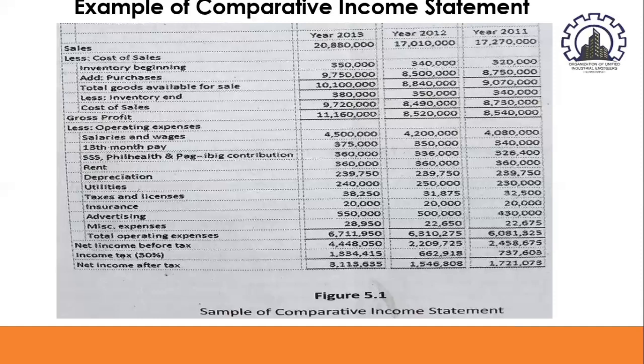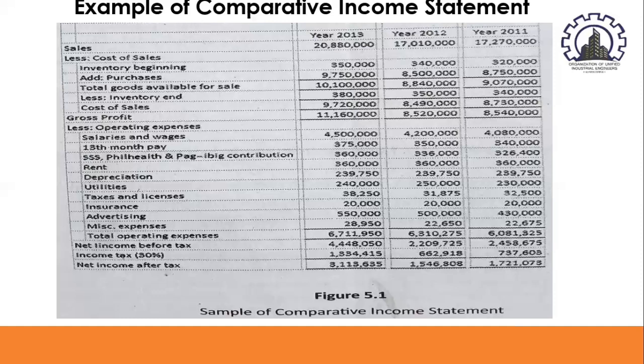Now with this, we might be asking ourselves, how do we achieve comparative financial statements? Well, comparative financial statements are achieved if there is consistent treatment of various transactions and accounts.